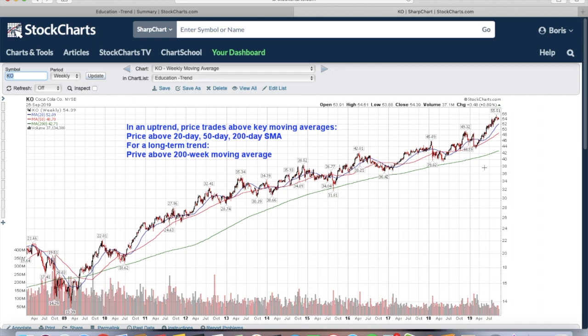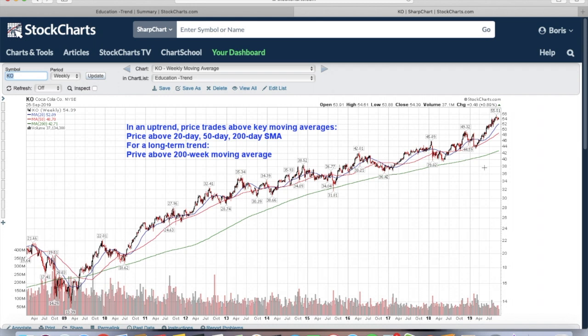Most of the time you will see technicians use moving averages as a tool to define an uptrend. When a short-term moving average crosses over a long-term moving average, we see the trend changing from down to up.